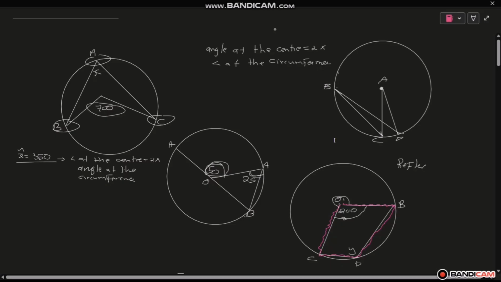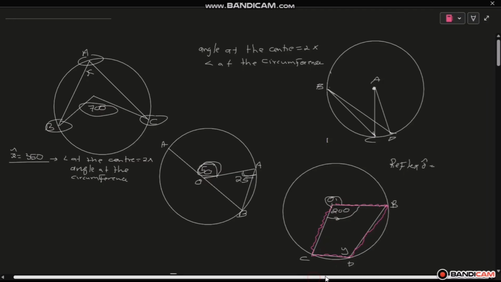So for us to find the center, we just write reflex O equal to, as you can see here, O1 and the 200° are around a point, meaning that we'll say 360° minus the 200° that is inside, for us to find the angle that's outside. Then the reason that we're going to write here: angles around a point. So can 200° be divided by 2 to get y?